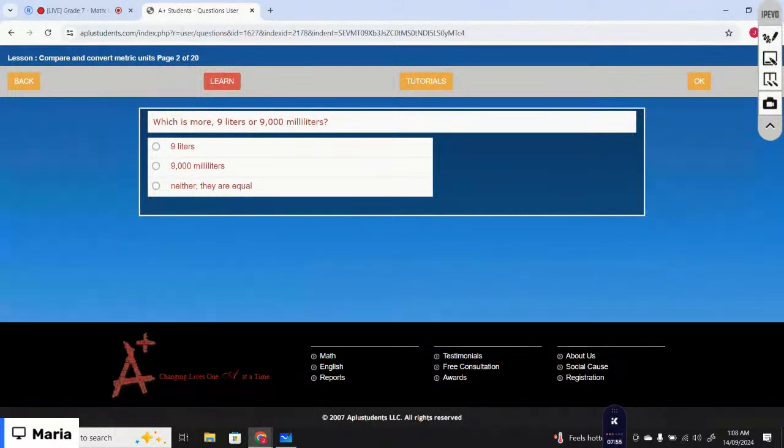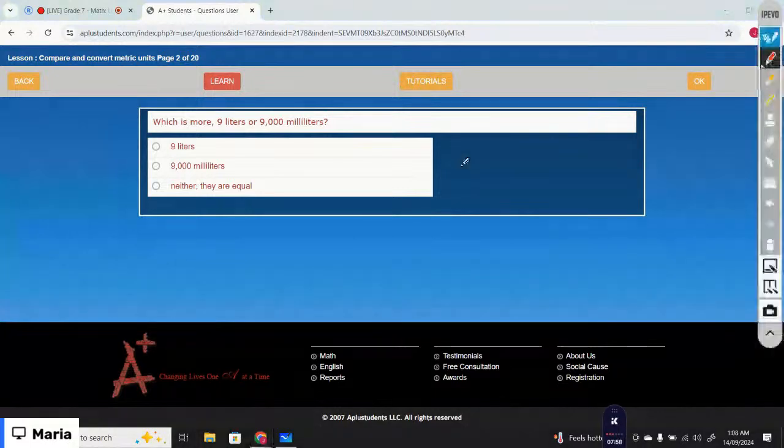You have 9 liters. So then 9 liters equals 9,000 milliliters, and here you already have 9,000 milliliters. So that means they both are exactly equal. Which is more? Neither, they are equal. The correct option is they are equal.